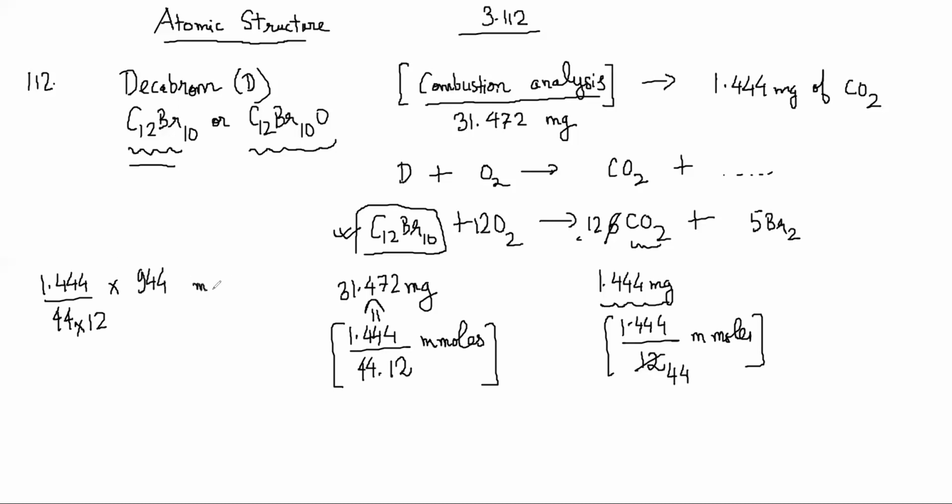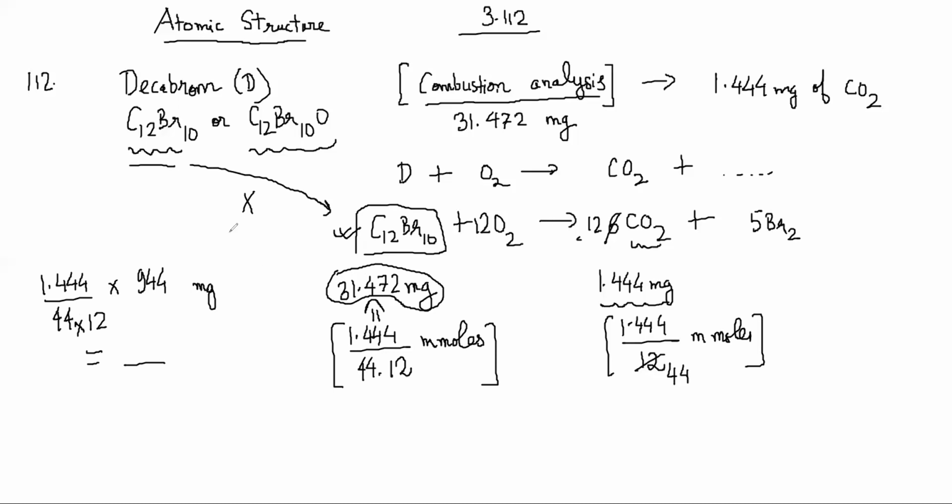This many milligrams should have been there. When you do the calculation, it turns out to not be 31.472. It does not add up. This calculation is not equal to this, so this formula cannot be right. This is wrong. You understand?